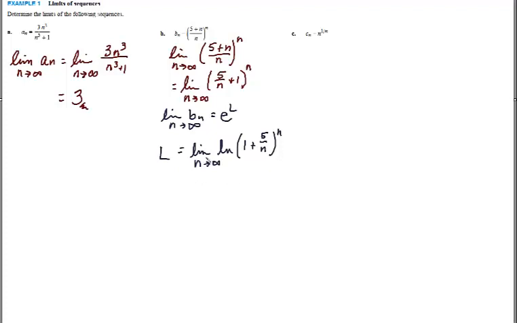At this point, I did this just so that I could take this n and bring it down front. It still doesn't help me out a whole lot. Natural log of 1 plus 5 over n.